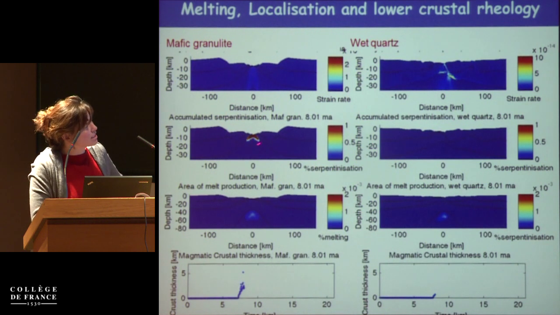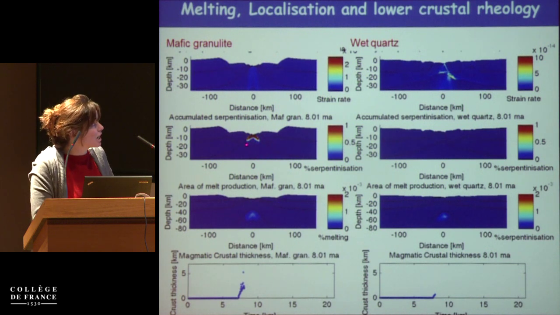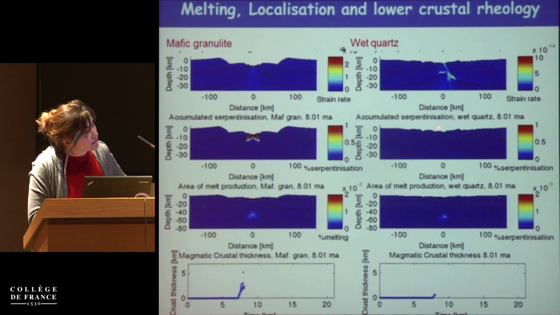So for the mafic granulite, crustal thinning is very effective, and serpentinization starts early in the rift history because crustal breakup also occurs early. For the weak rheology, the Moho is here, and we have a very ductile lower crust, and here we have not started serpentinization at all.